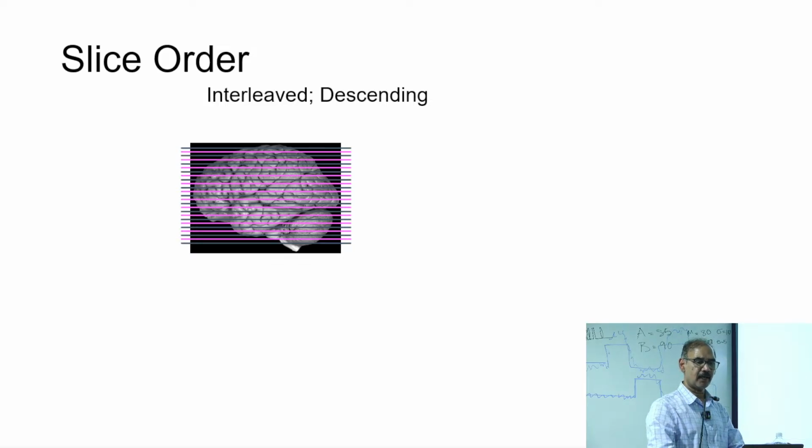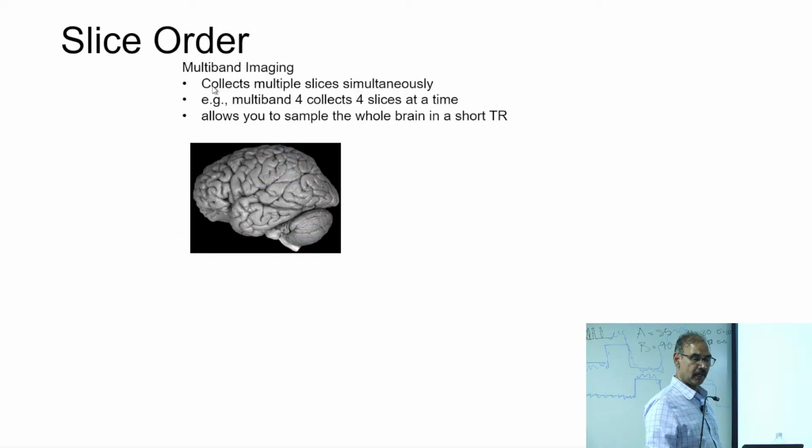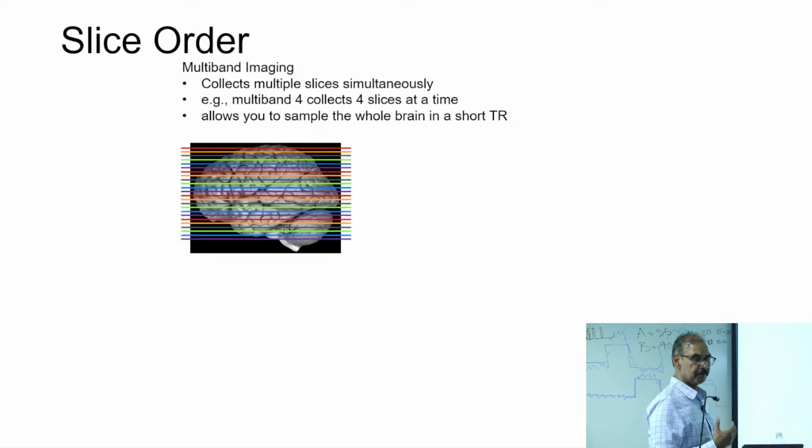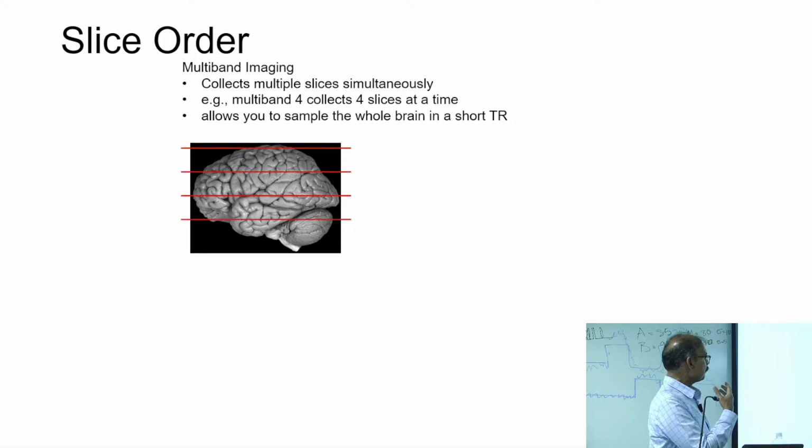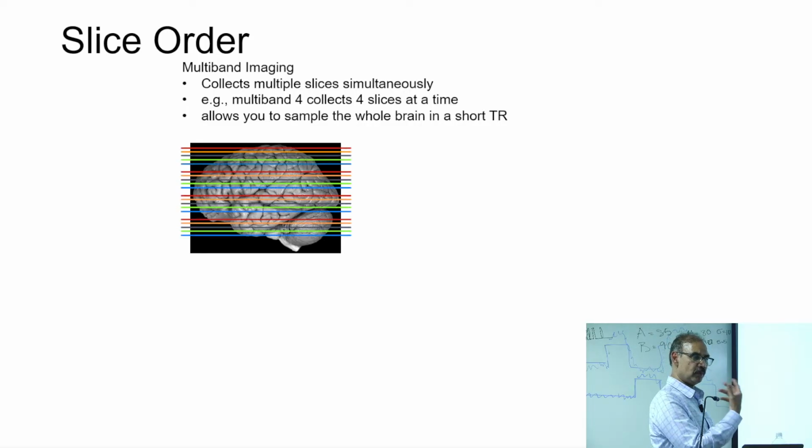So now there is this new technique called multiband. In multiband, what you do is you collect simultaneously. And because you're collecting this data simultaneously, the correction that you have to use is more complex.